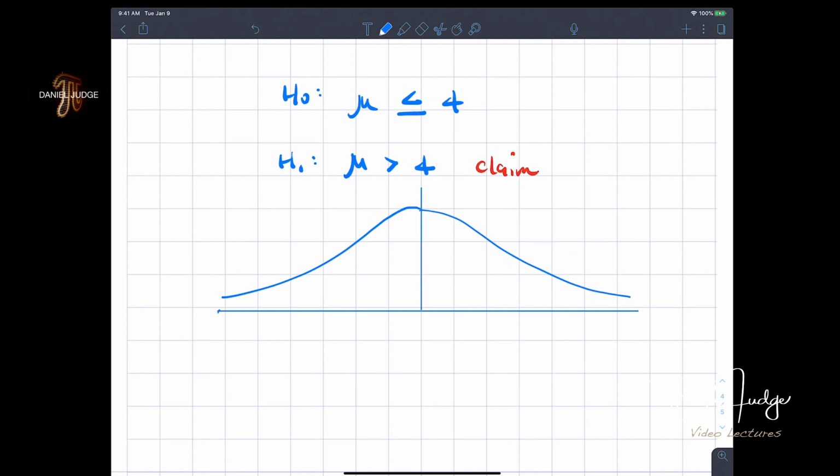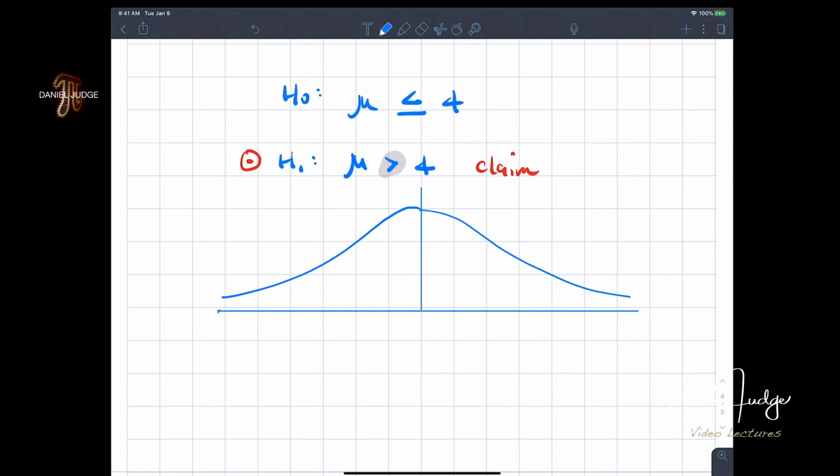I'm going to remind you guys that you always, right? Did I say always? Yes. Always look at the alternate hypothesis to see the direction of that arrow. That's pointing to the right.